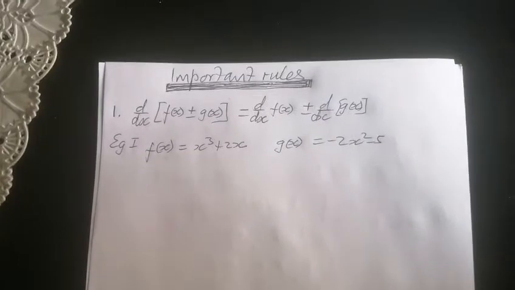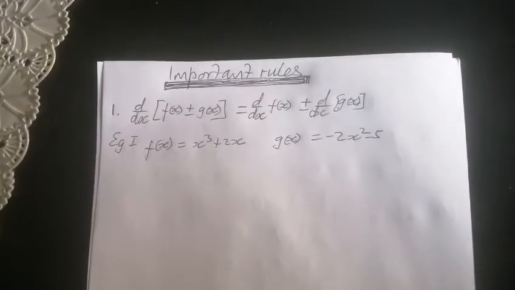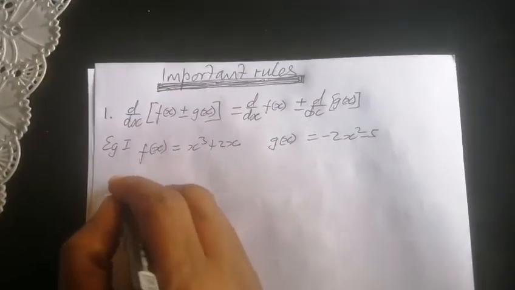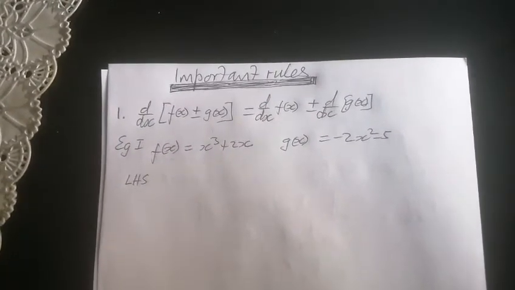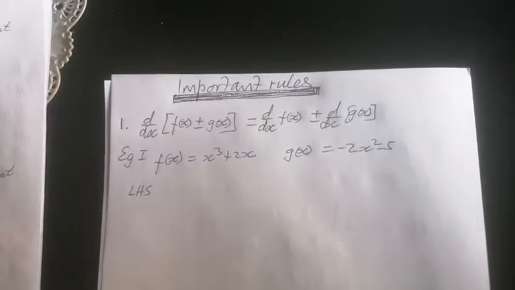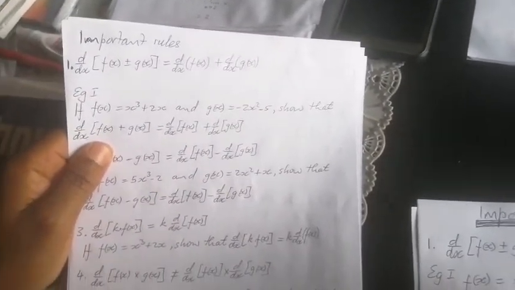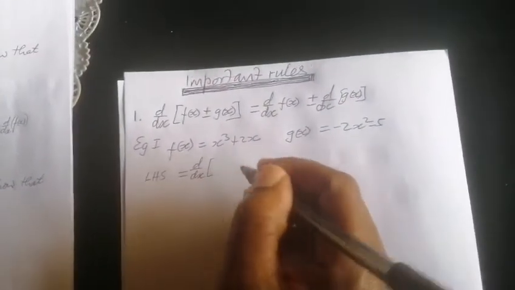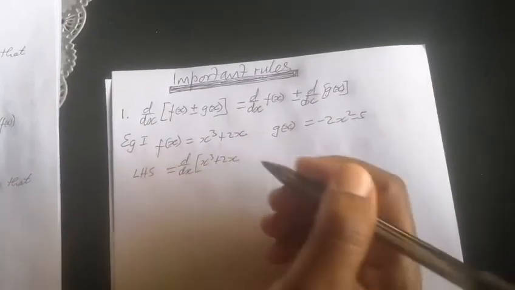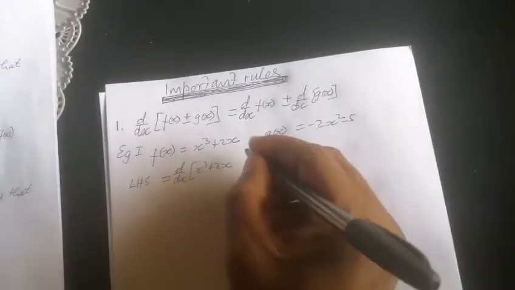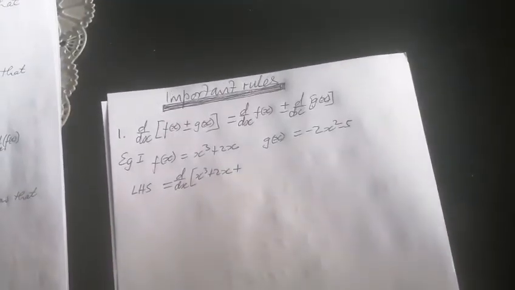So what are we doing here? We want to take the left hand side, which is the derivative of the sum of the two, which is equal to d dx of f of x, which is x cubed plus 2x. What is g of x? We are adding the two functions.